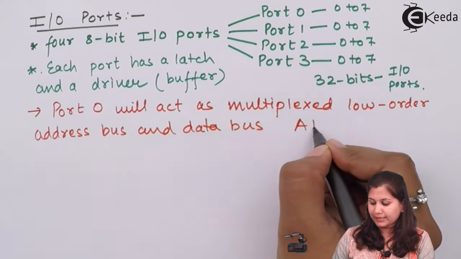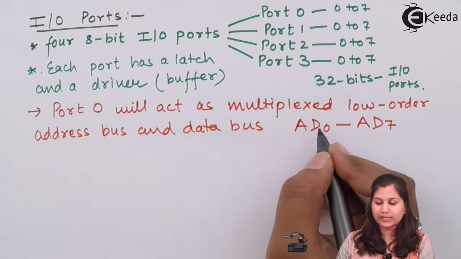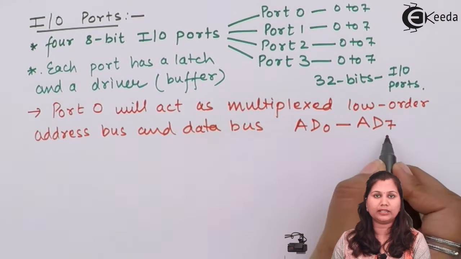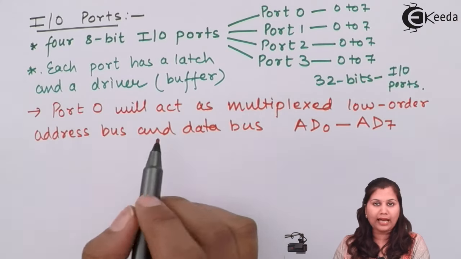That means it can act as AD0 to AD7. A is for address, D is for data, and we have the 8 lower order address bits. So port 0 can act as both.